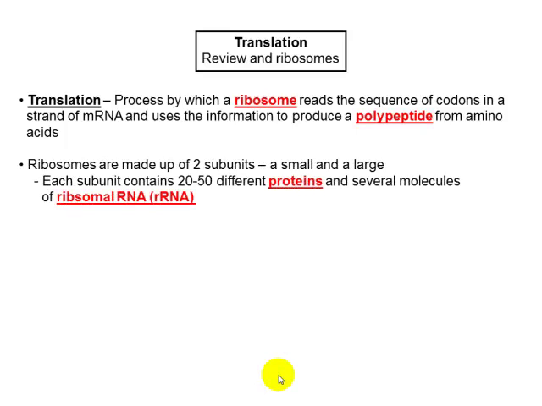So the ribosomes are made up of two units: a small subunit and a large subunit. Each of the subunits will contain many different types of proteins that are associated with it, and also is composed of several molecules of ribosomal RNA.